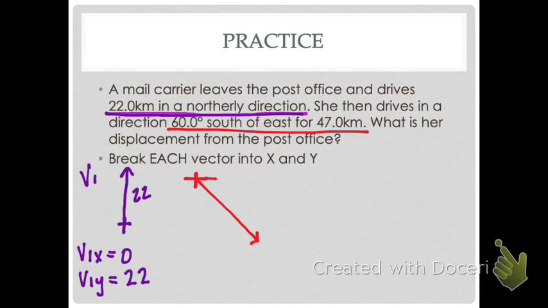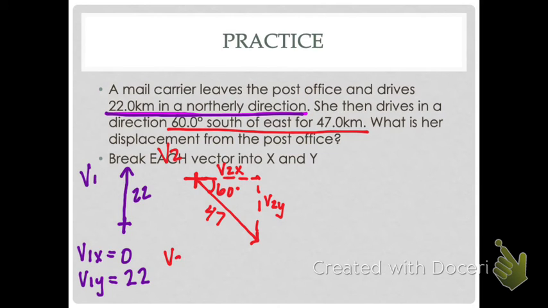So here's where my triangle is going to get formed, and that's going to be my 60-degree angle right there, because we're touching the east axis, going south. 47 is my hypotenuse there. This one will have both an x and a y component. So if this vector is called V2, because it's my second vector, I would call these sides V2x and V2y.